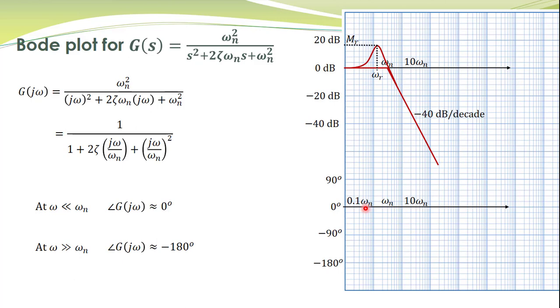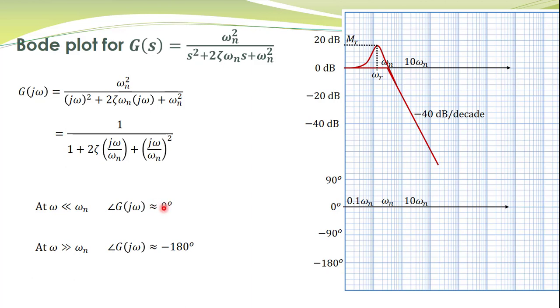For the phase plot, what we see is that if omega is much smaller than omega n, we can ignore this term, because omega over omega n will be small, and its square will be even smaller, so we can simply ignore this term and this term. So 1 over 1 is some positive real number, and the phase angle of a positive real number is equal to 0.